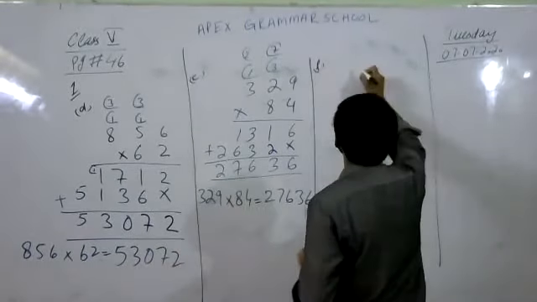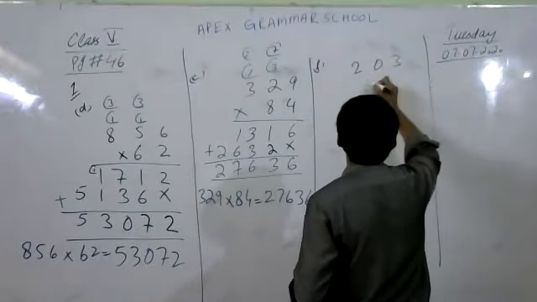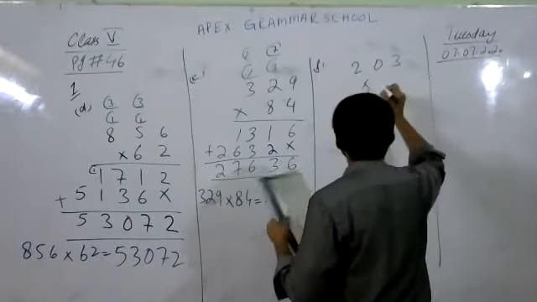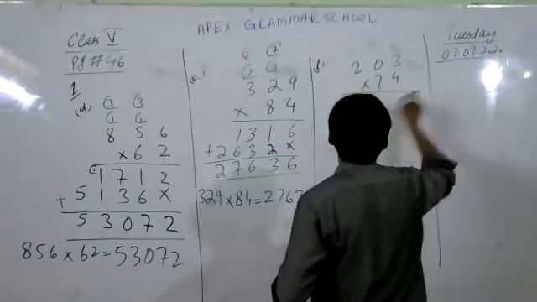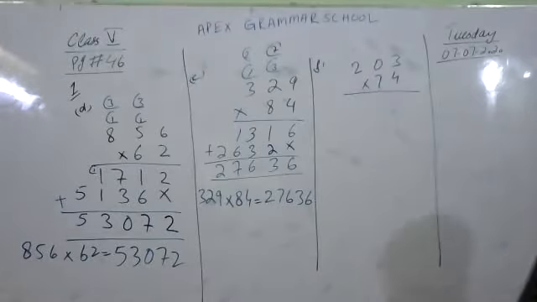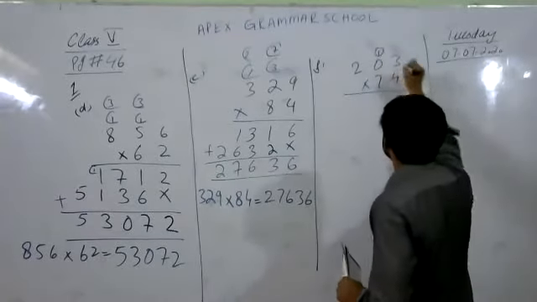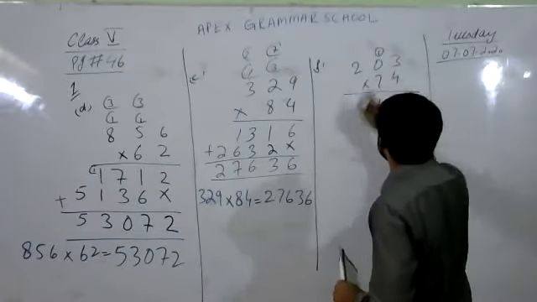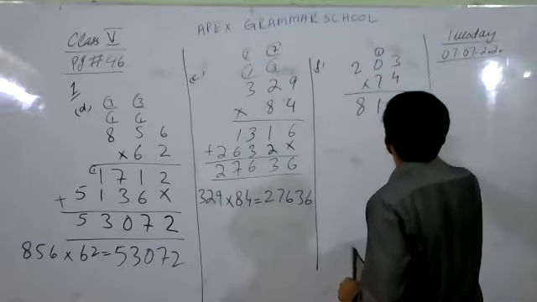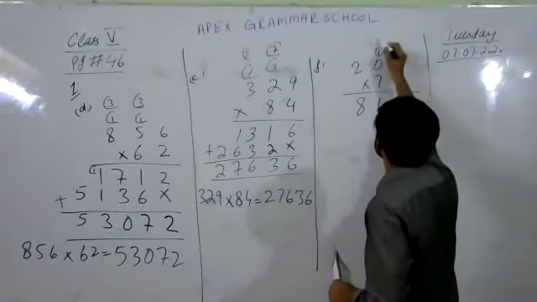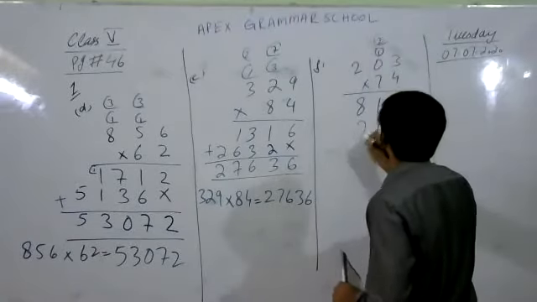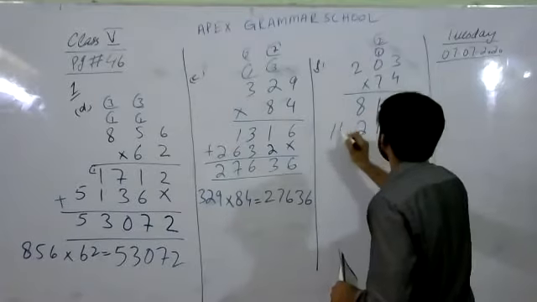F part is 203 into 74. 4 times 3 is 12, 1, 4 times 0 is 0, 1, 4 times 2 is 8. 7 times 3 is 21, 2 carry, 7 times 0 is 0, 2, and 7 times 2 is 14.